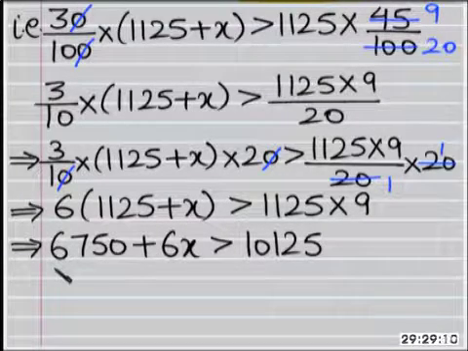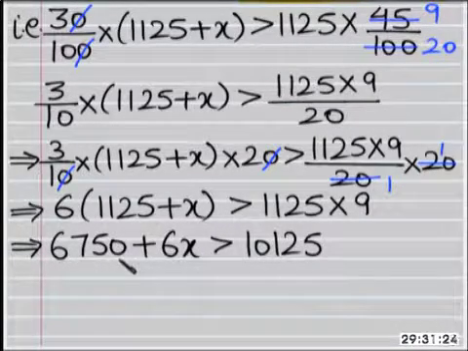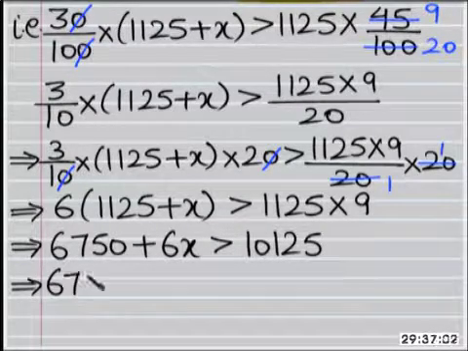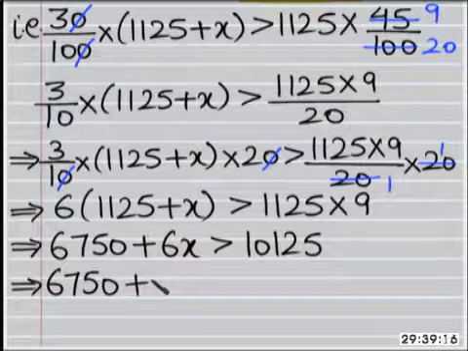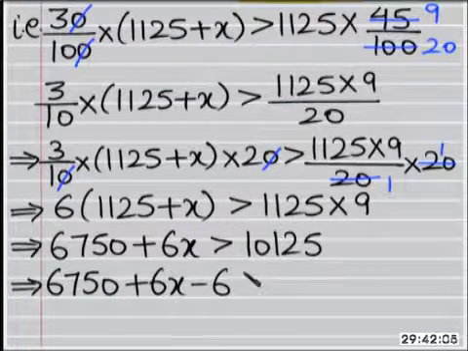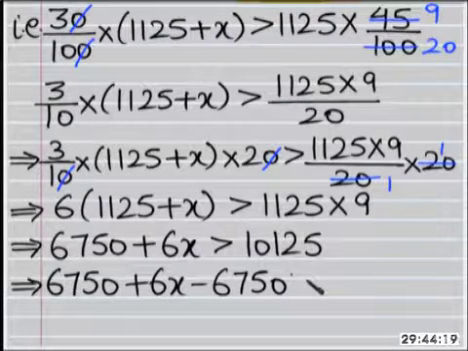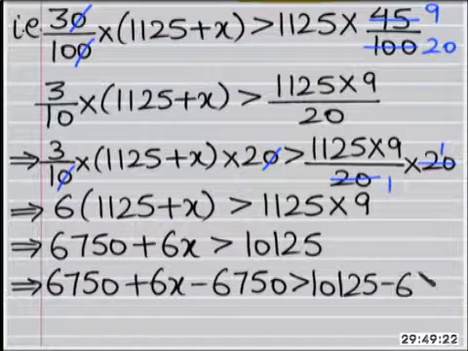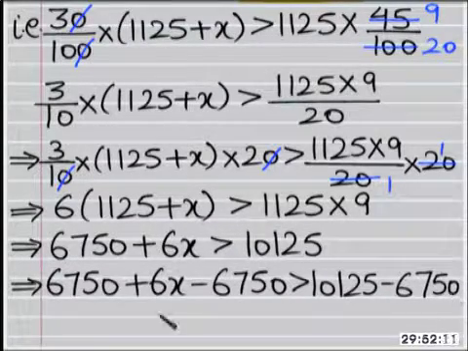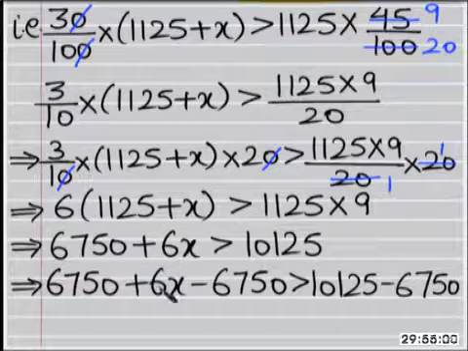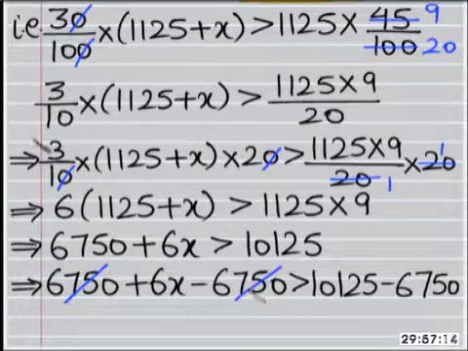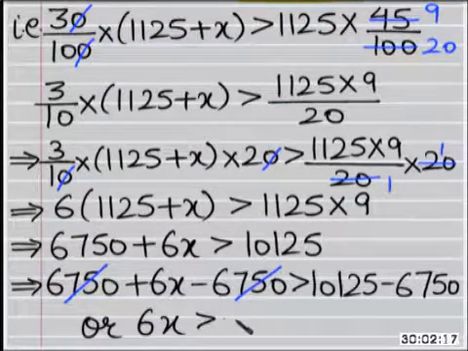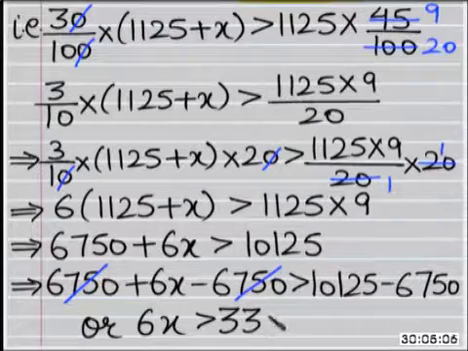Now, on subtracting 6750 from each side, we get 6750 plus 6 into x minus 6750 is greater than 10,125 minus 6750. On solving it, we get 6 into x is greater than 3,375.